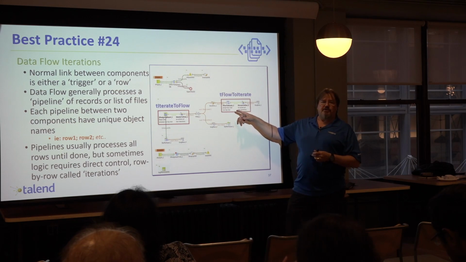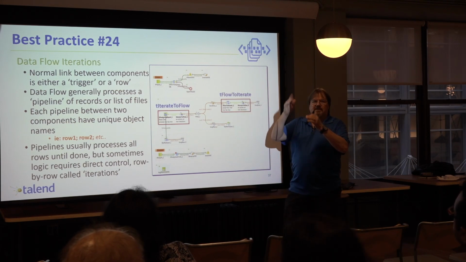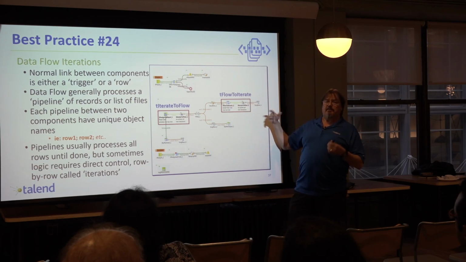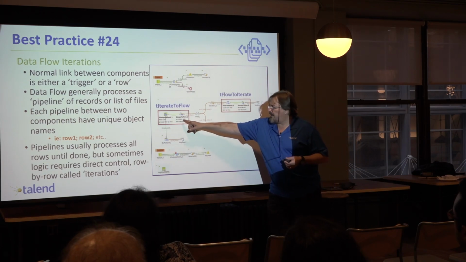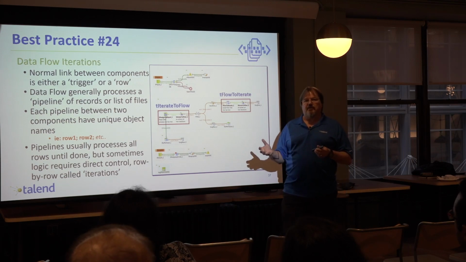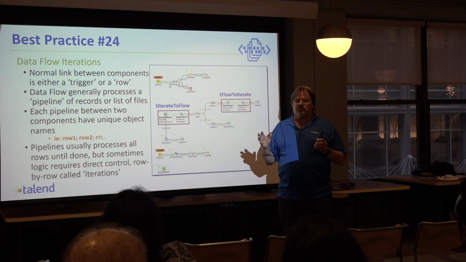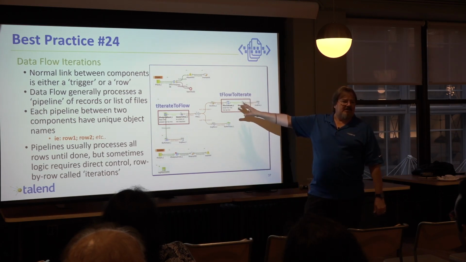Downstream, you may want to parse that record up and list through or process through some of the elements of that record and iterate again downstream. You can do that. Where you choose to use your iterate to flow or flow to iterate components, you have a lot of flexibility. And if you think about the value here, I've seen a lot of programmers try and design these very crazy jobs because of this limitation.